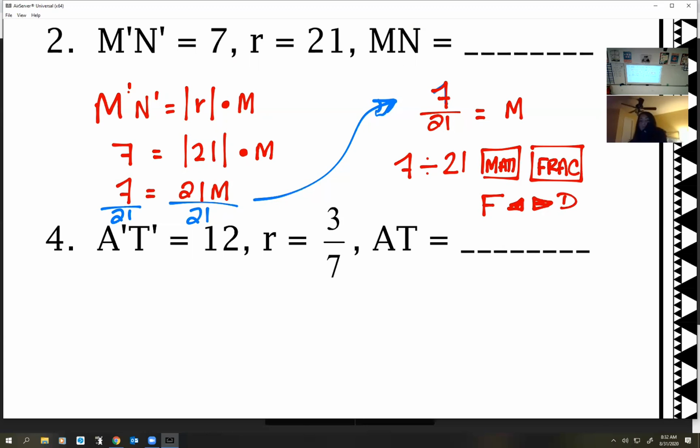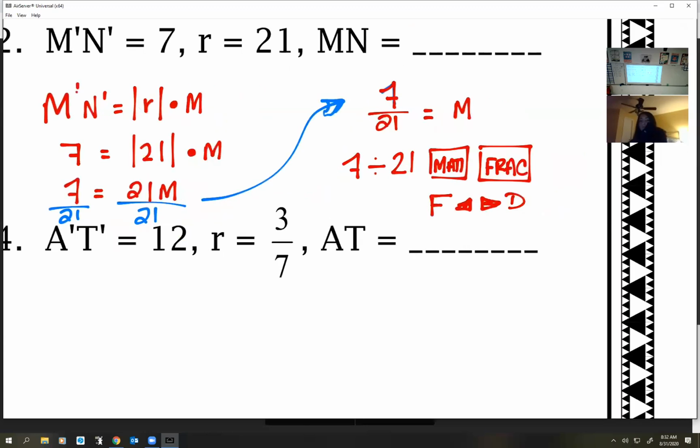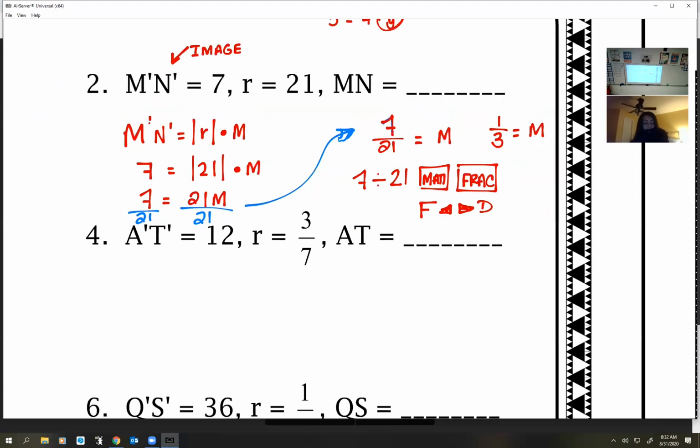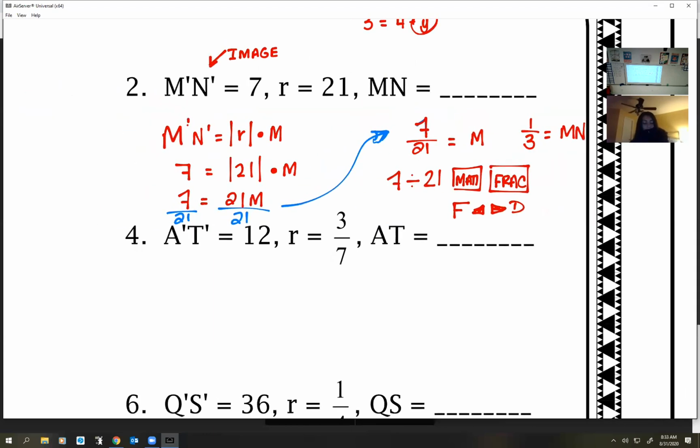So what does it tell me? 7 divided by 21 reduces to 1/3. And I'm going to put that variable in there so it doesn't scare anybody away.